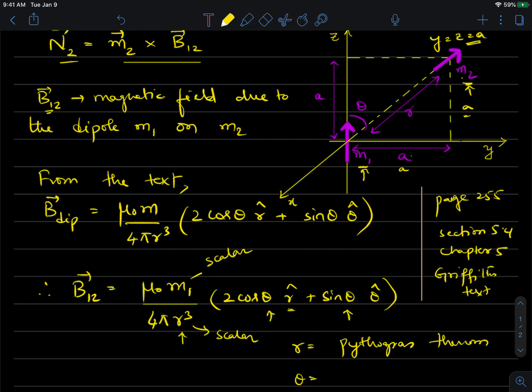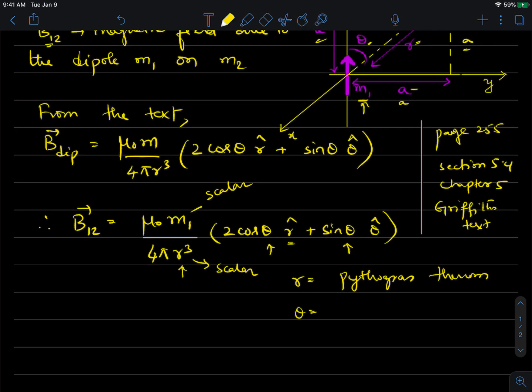If one side is a and the other side is a, and you have already found r using Pythagoras theorem, you can find theta using the simple cosine or sine formula from trigonometry.